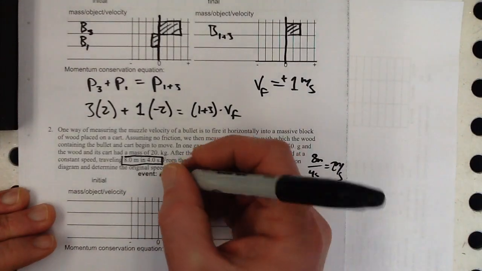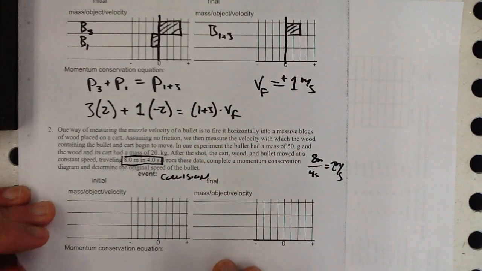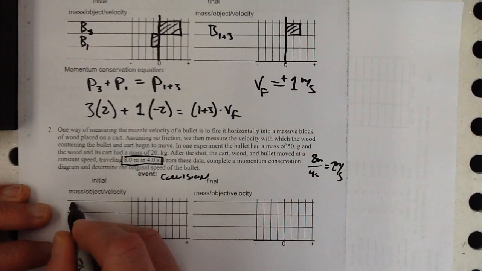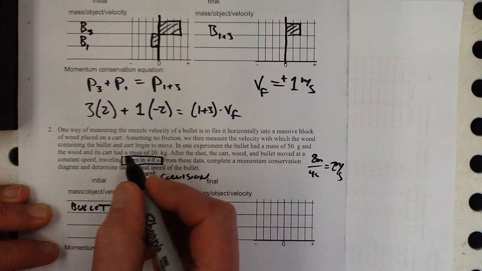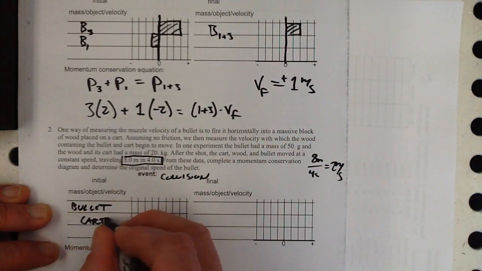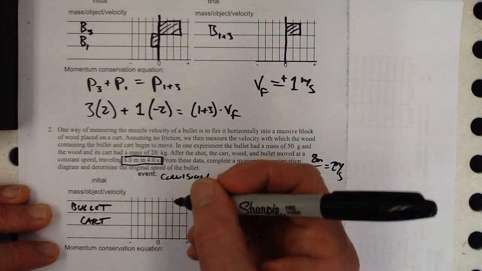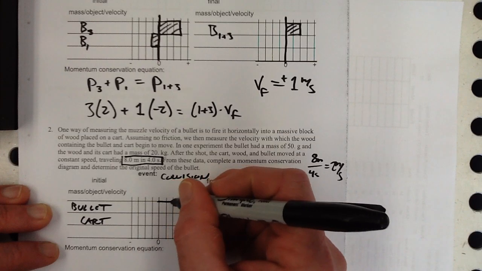Okay, so this is a collision, to be sure. And I've got a bullet. And I've got that. I'm just going to call the cart with the wood block on it, that whole thing, cart. So at the beginning, I'm going to say the bullet's going in the positive direction.